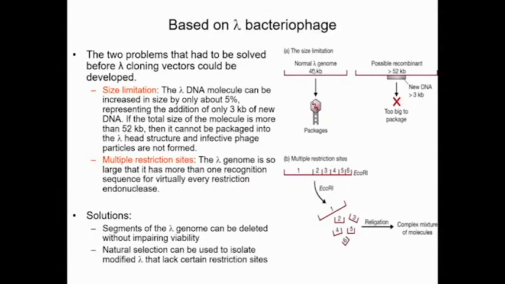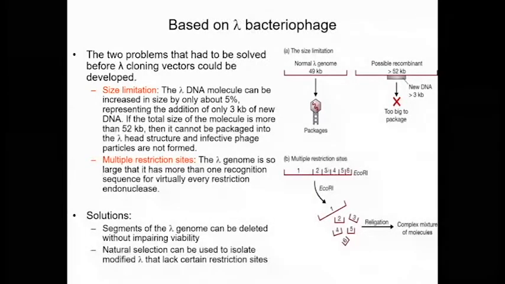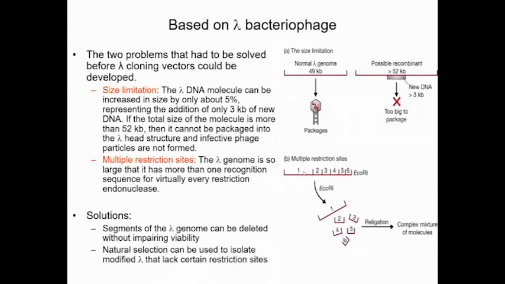And also, because it's 49 kilobases, so long, they have multiple restriction sites. Multiple restriction sites don't mean multiple cloning sites, because multiple restriction sites mean the same enzyme appears several times, and that will increase the difficulty for the cloning.